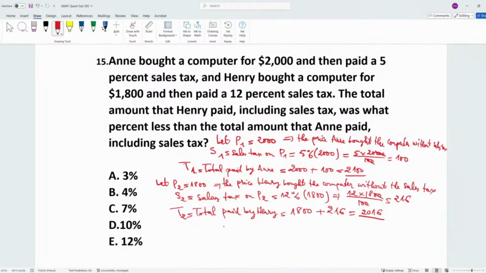So we are going to do the operation T1 minus T2 over T1 times 100. Okay, so it is simply going to be equal to T1 we found here, which is 2,100, minus T2, 2,016, over T1, 2,100, times 100.